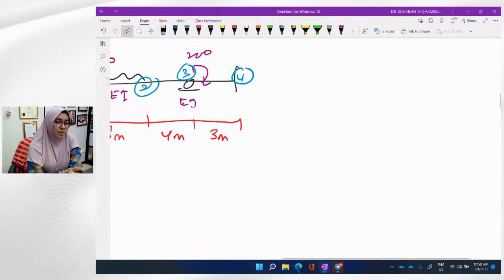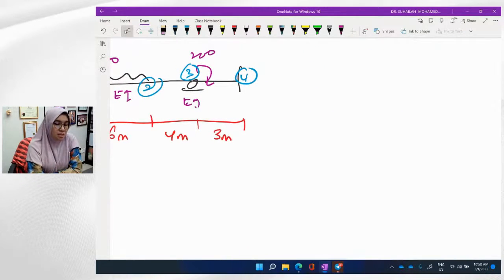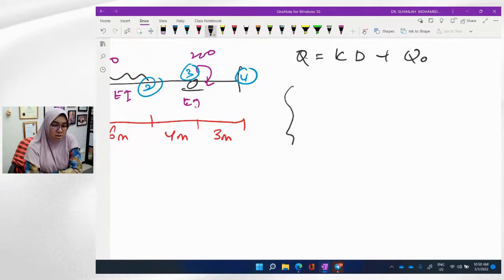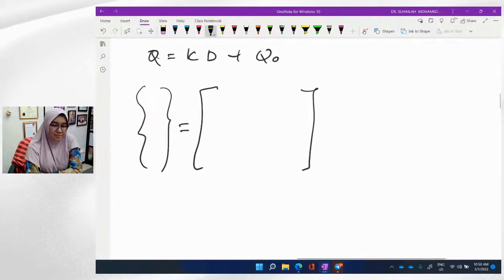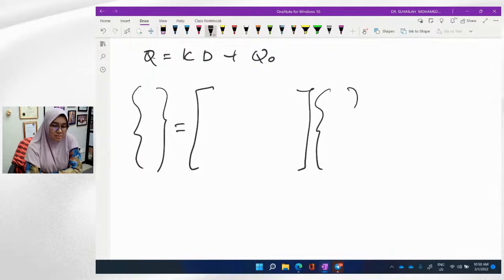So we will have the stiffness equation Q is equal to KD plus Q naught. Okay, total must be 8. Equal to KD plus Q naught.